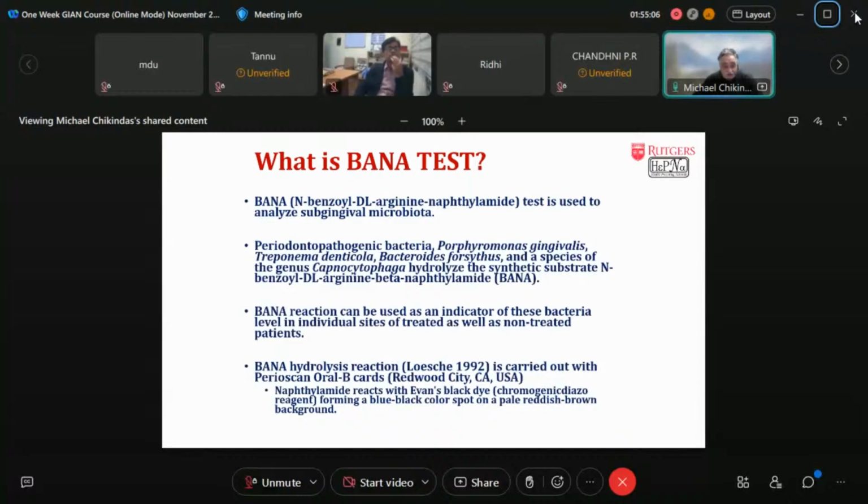And the last thing we need to introduce is the BANA test. BANA is benzoyl arginine naphthylamide test, which is used to analyze some gingival microbiota.